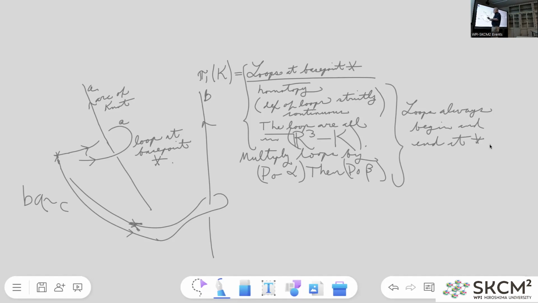So if you're deforming it, you can't deform the beginning. The beginning starts at the base point, but somewhere in the middle, which is what happened here, I did B. Then I decided I would change it just a little bit in the middle so that it didn't hit the base point. And then it would go around the other one like that. So I could do that, and then I get one single loop, where you see clearly one single loop. That is the result of multiplying B and A. Pictorially a single loop. Now maybe this one went under that one, but that's the story of multiplying the loops. And this forms a group.